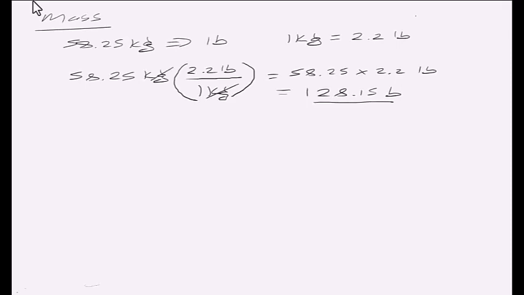So that's the trick to always remember, is the unit you're trying to cancel in the conversion, it needs to be opposite to it.